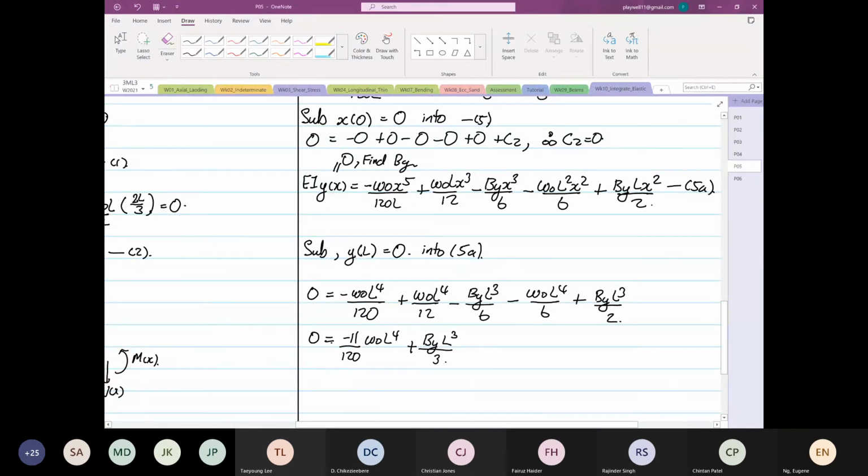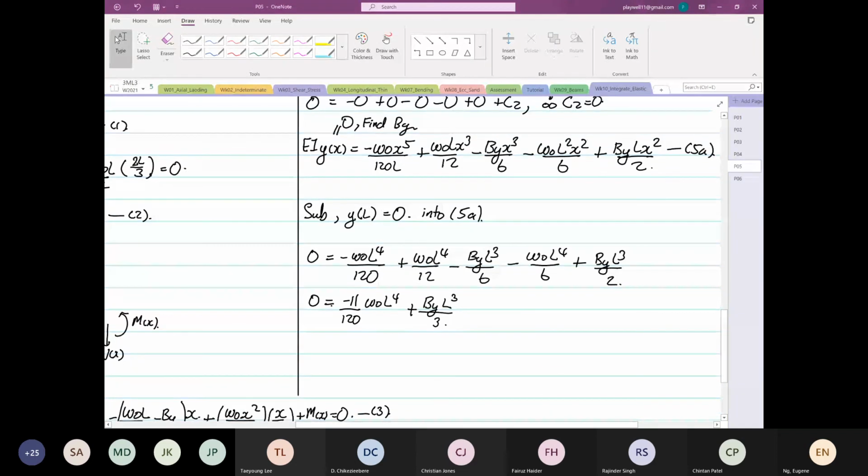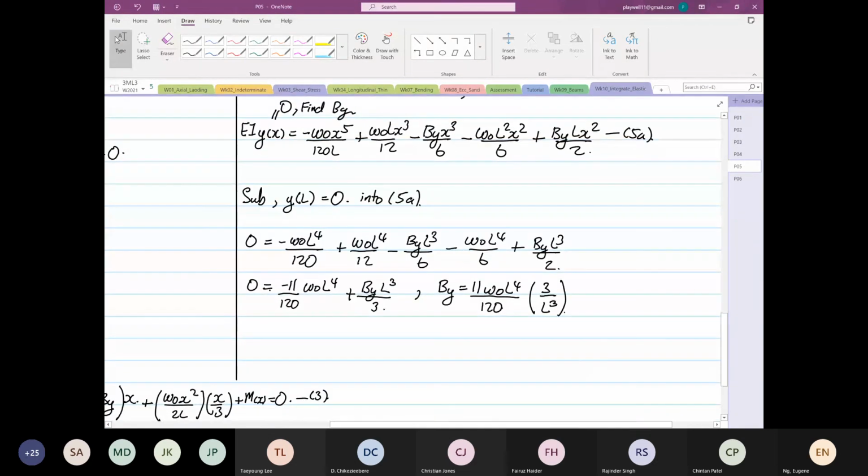So finally, By is equal to, you bring it over, 11 omega naught L^4 over 120, multiplied by 3 over L cube. So therefore, By is equal to 11 over 40 omega naught L. Done.